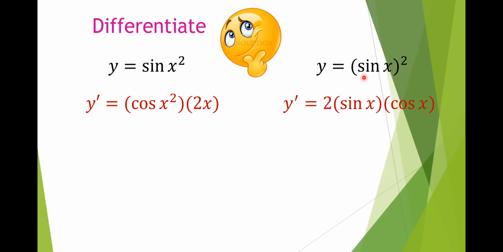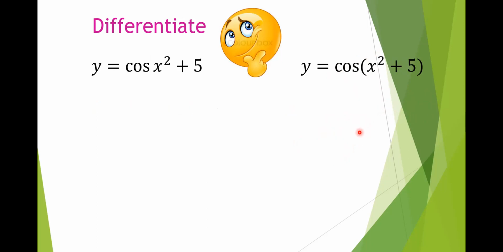Baba si 2, copy the base, raised to 2 minus 1, and then derivative ng base, which is cosine x. If this expression is familiar to you, that means ito yung double angle identity na alam natin equal sa sine 2x. But if you forgot your double angle identity sa trigo, again, this answer will suffice.